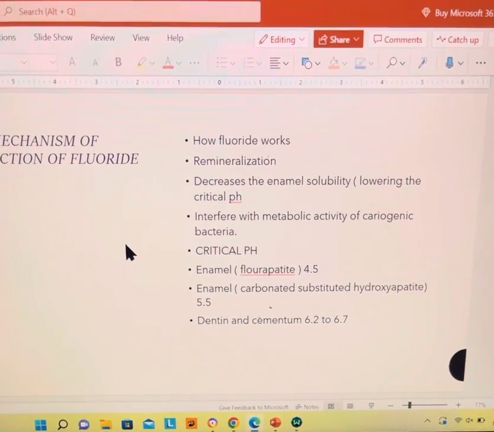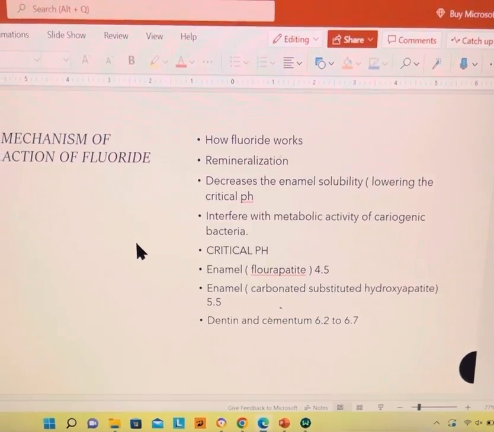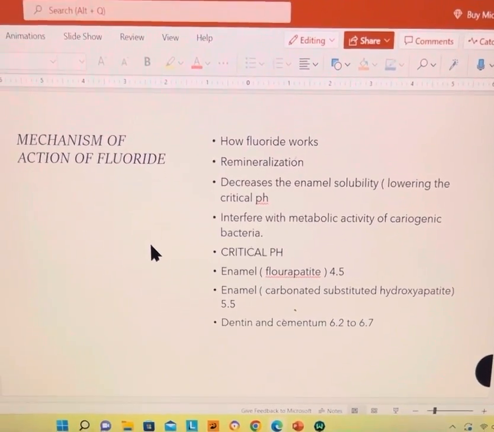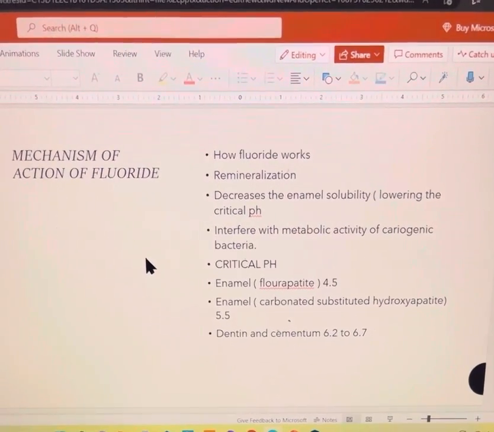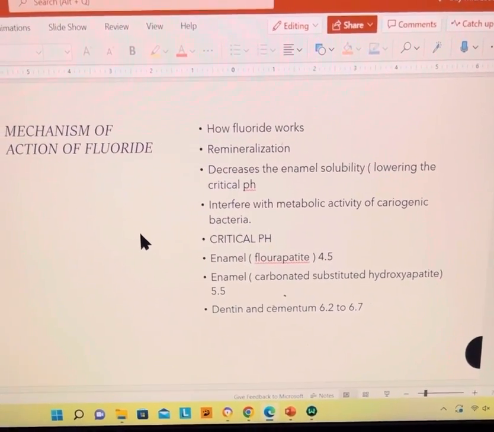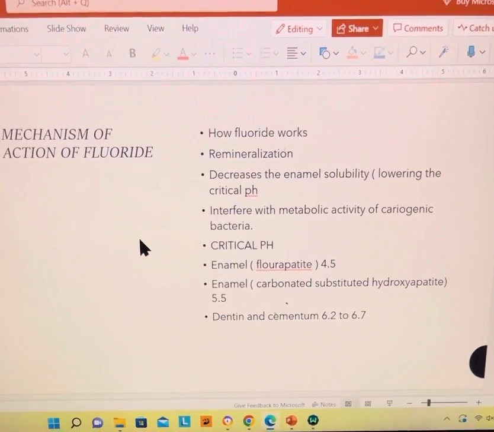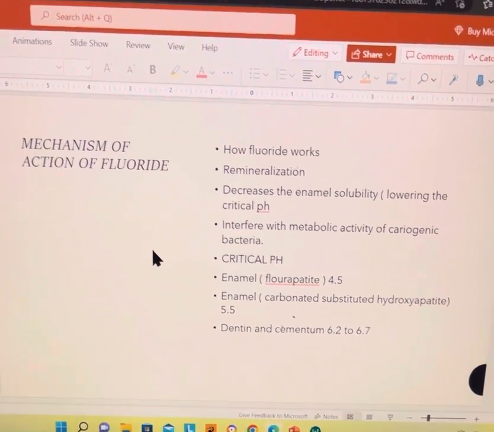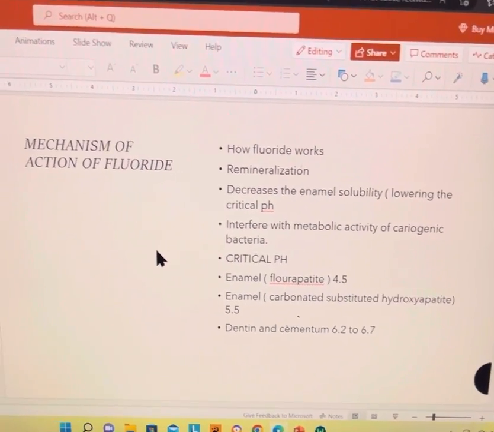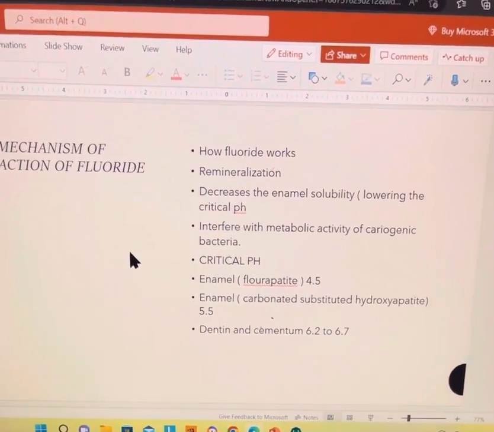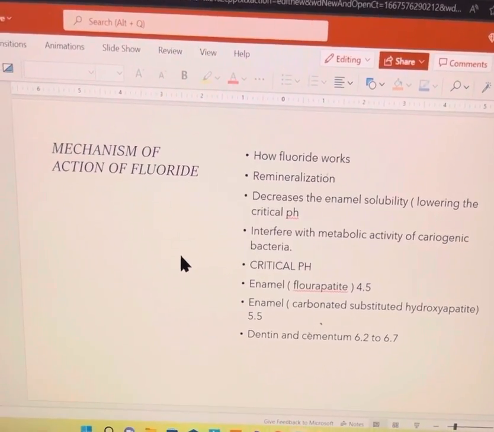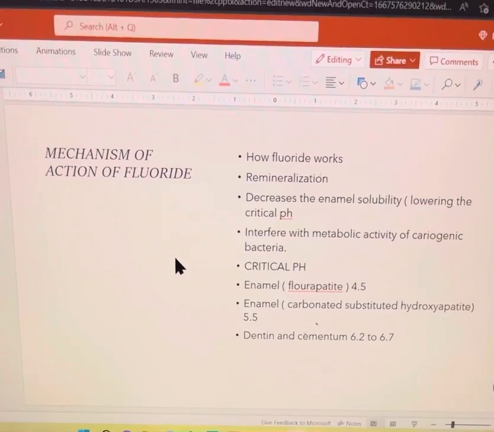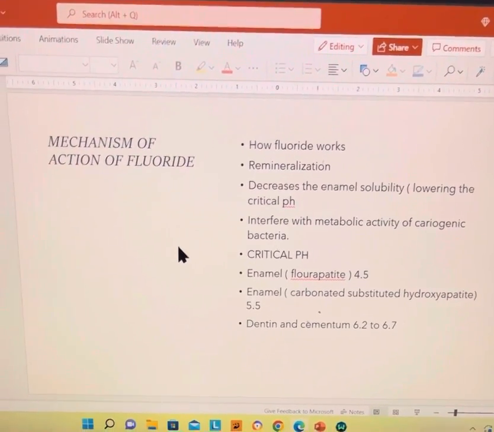Enamel which is carbonate substituted hydroxyapatite, the main component of enamel and dentin, has 5.5. When fluoride interacts with the hydroxyl group of hydroxyapatite, it helps to lower the critical pH. Next, dentin and cementum have a critical pH of 6.2 to 6.7.